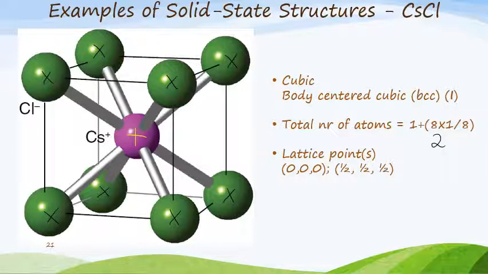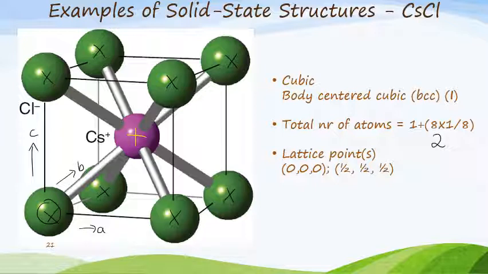And let's have a look at the lattice points. We start here at the origin. Okay, so remember that this is the A direction, that is the B direction, and this here is the C direction. So 0, 0, 0 would indicate an origin point over here.